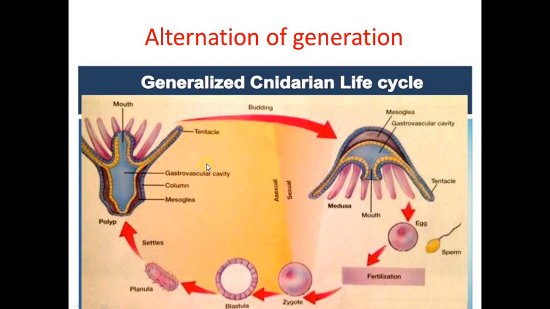This is also termed as metagenesis or alternation of generation. Polyps undergo budding, asexual reproduction, to give rise to medusa, and medusa produce sperms and eggs, and undergo sexual reproduction to give rise to new polyps.